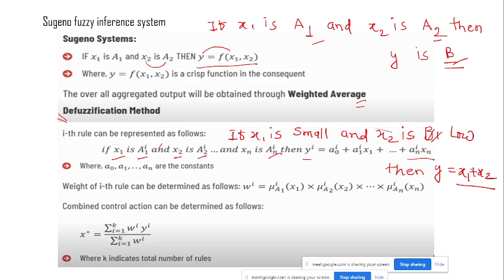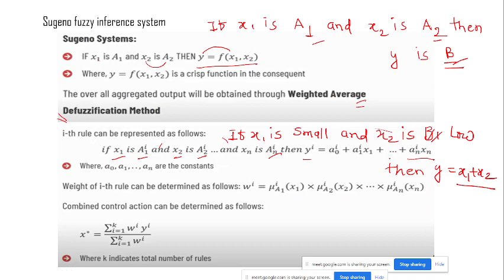I am just giving you an example. Maybe the output is 2x1 plus 5x2 and so on. So not like last time, where every time the output was a fuzzy class. Now this time the calculations become simple. Okay, such rules are defined.